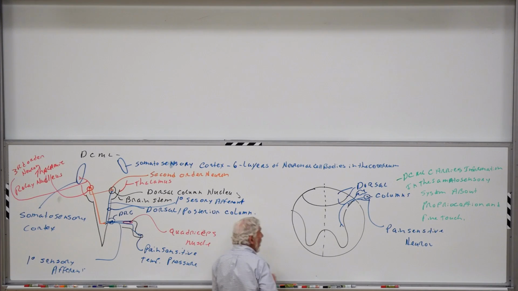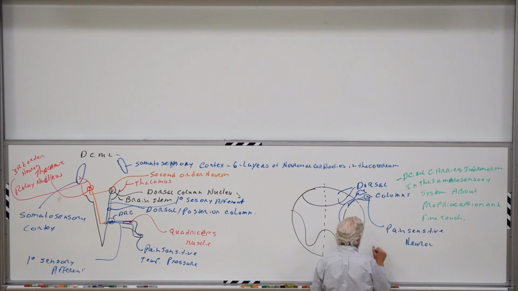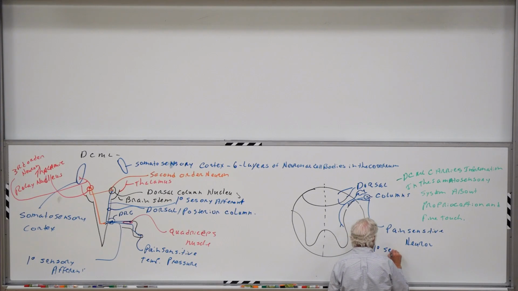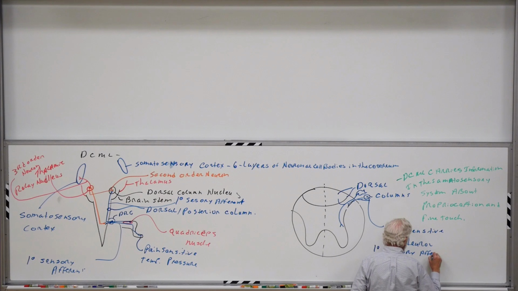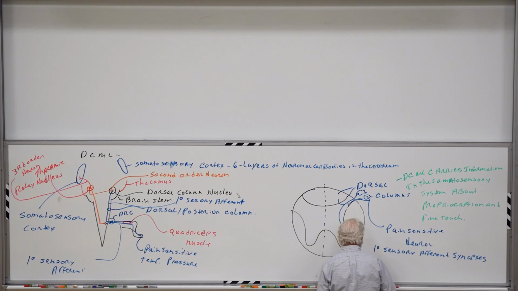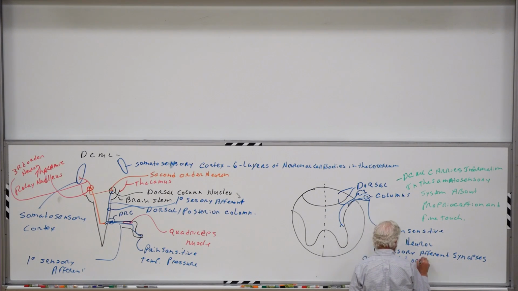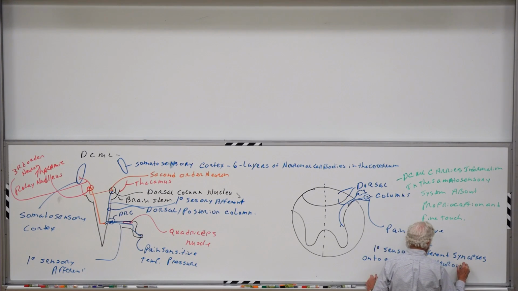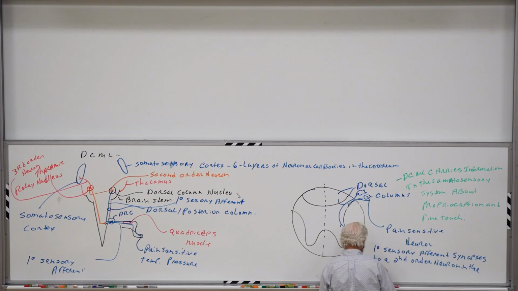So we can spell this out and say this primary sensory afferent synapses onto a second order neuron in the dorsal horn.